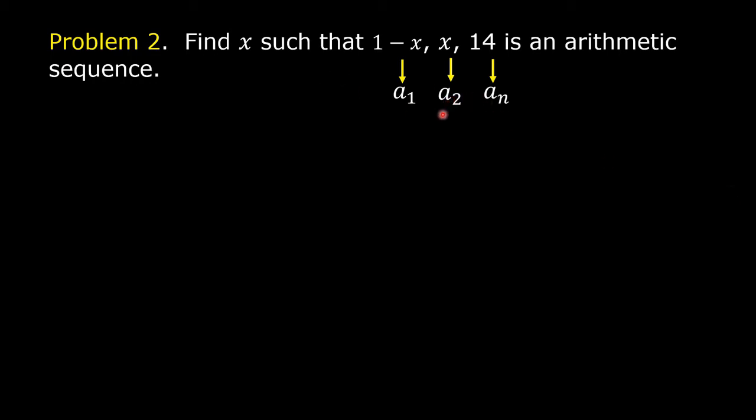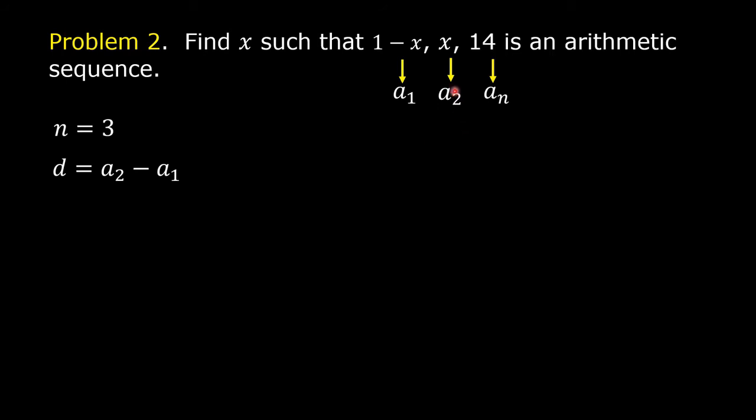The value of n is equal to 3 because there are 3 terms. The common difference is A sub 2 minus A sub 1. So D is equal to A sub 2 minus A sub 1.